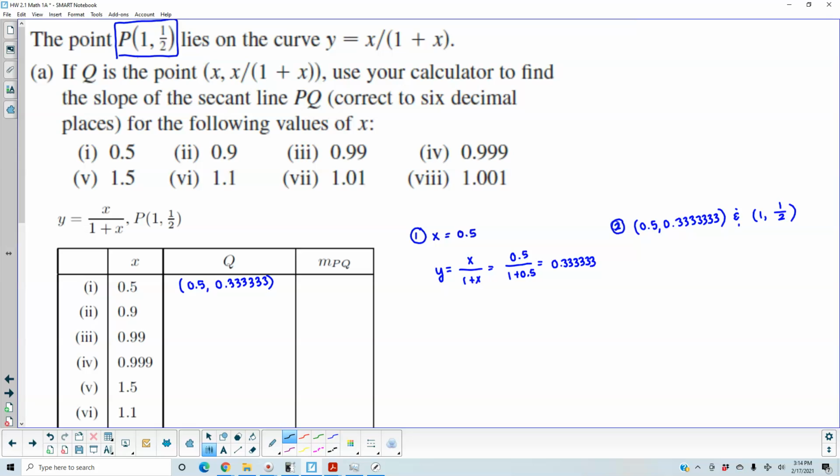So we take 1/2, which is the same thing as 0.5, minus 0.333333, and divide that by 1 minus 0.5, which gives us 0.333333, rounded to 6 decimal places. So that gives us the slope, 0.333333.